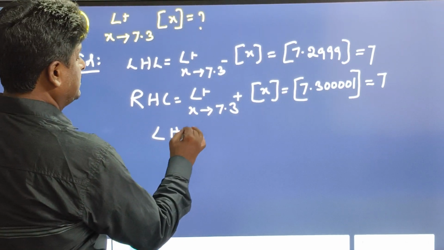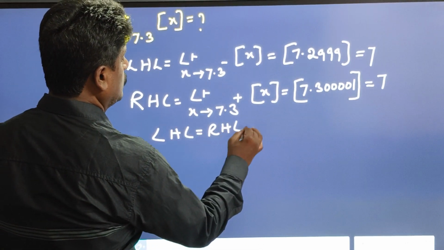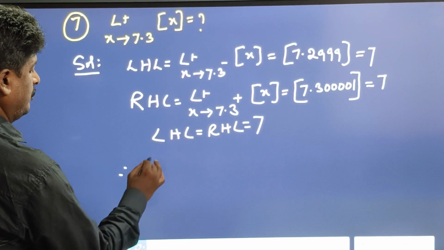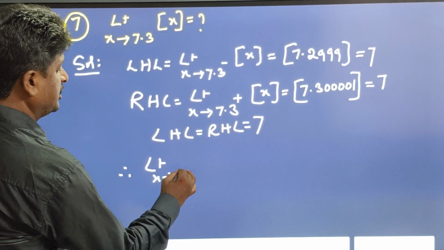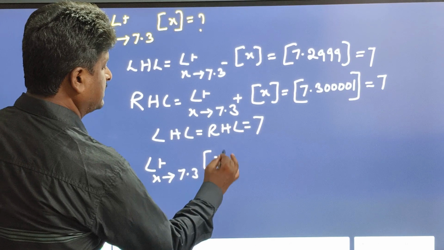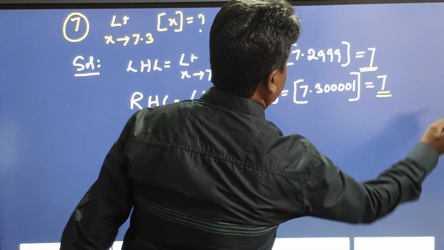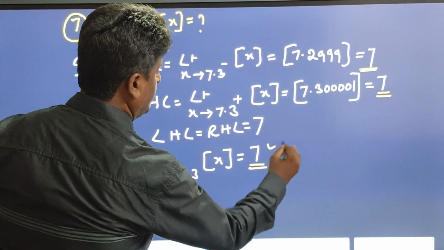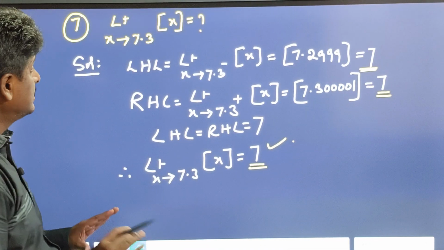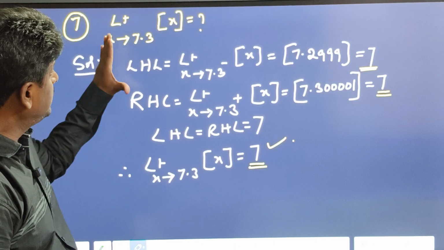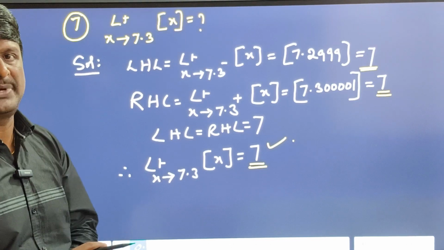Since LHL equals RHL equals 7, therefore limit x tends to 7.3 of step x not only exists, that existing value is 7. Okay, so this is the way to write limit x tends to 7.3 step x.